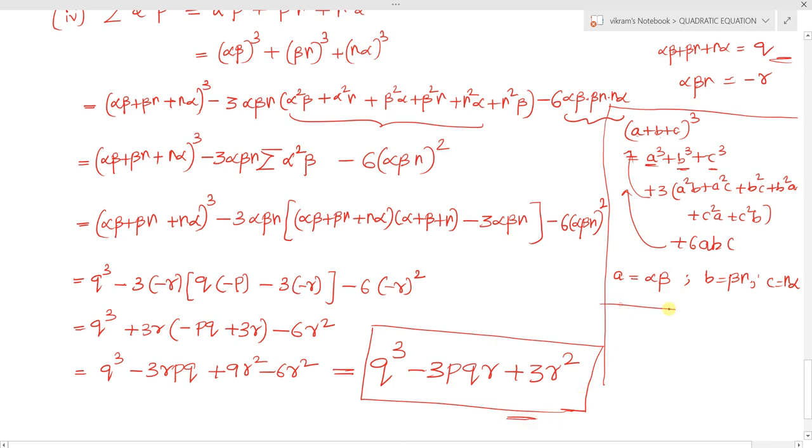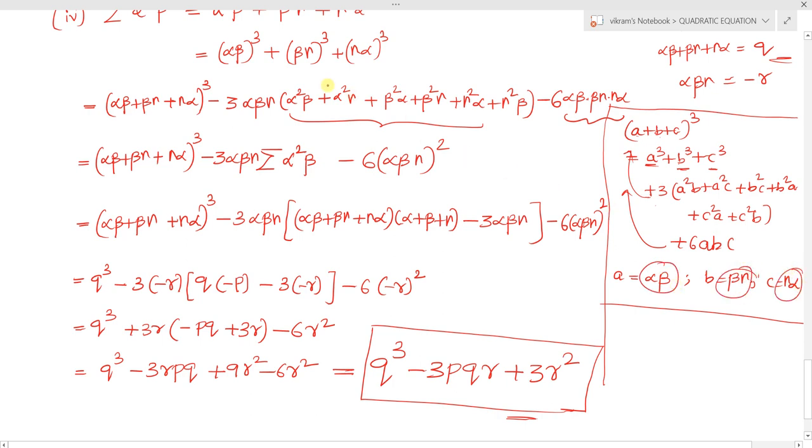So it is easily solved with a cube plus b cube plus c cube, which can be written as (a plus b plus c) whole cube minus 3 times of (a square b plus a square c plus b square c plus b square a plus c square a plus c square b) minus 6abc. Here replace a with alpha beta, b with beta gamma and c with gamma alpha.